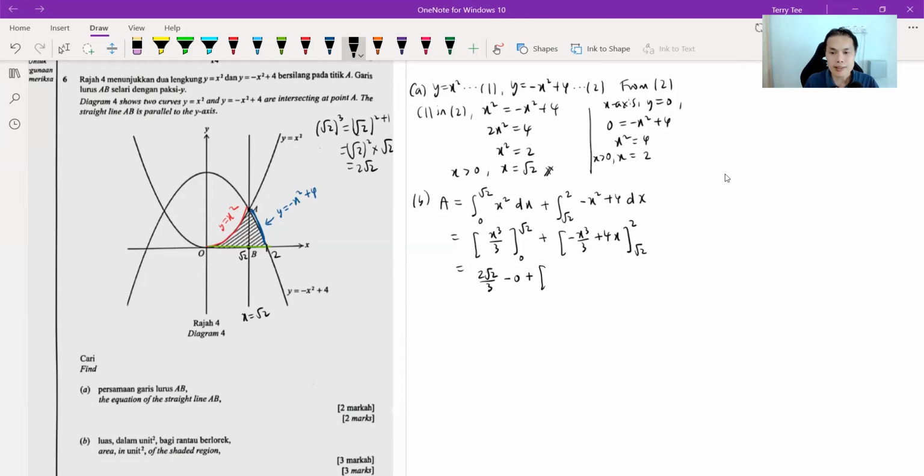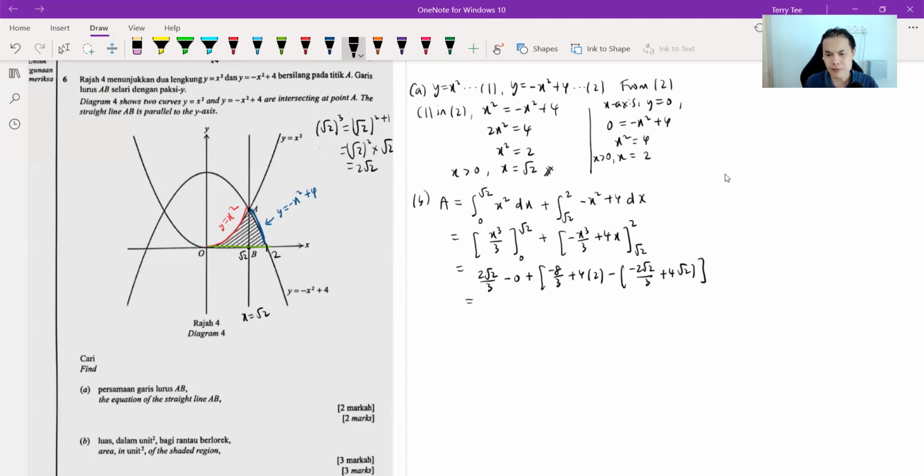Now, likewise, when I substitute 2 inside, this one is 8 over 3 first, plus 4 times 2. This is a minus with the, okay, let me put a round bracket: 2 Surd2 over 3 plus 4 times Surd2. Notice the minus becomes a plus here.